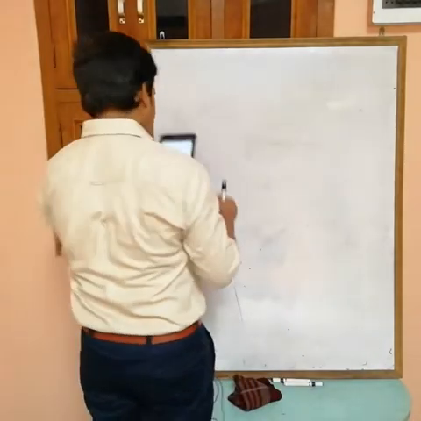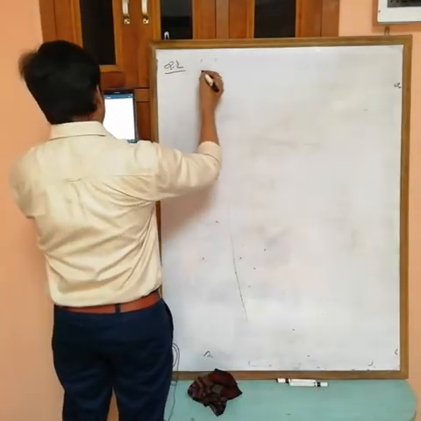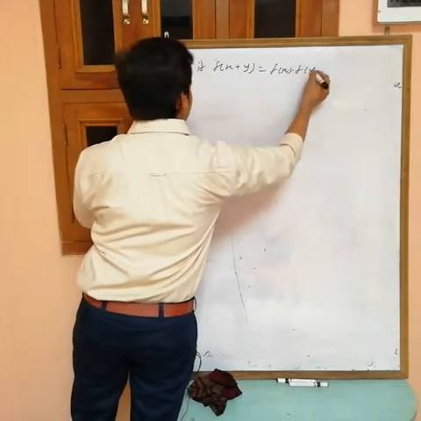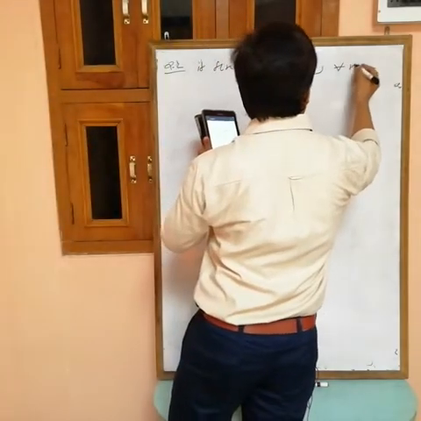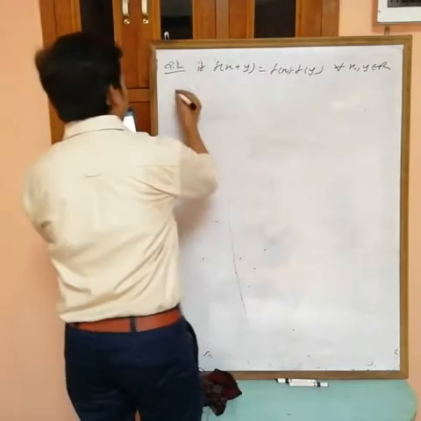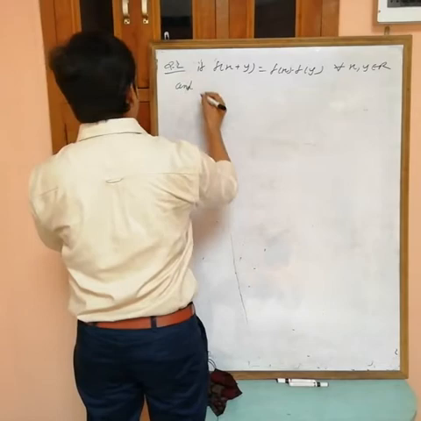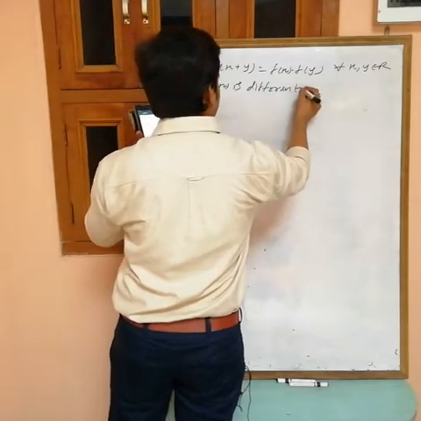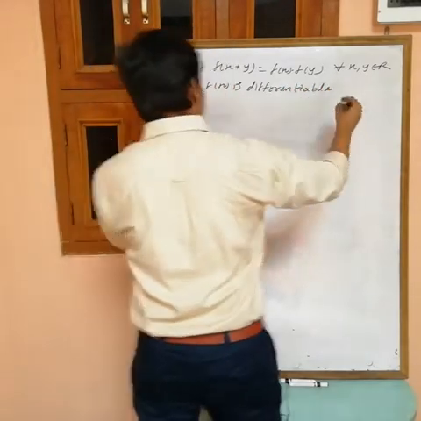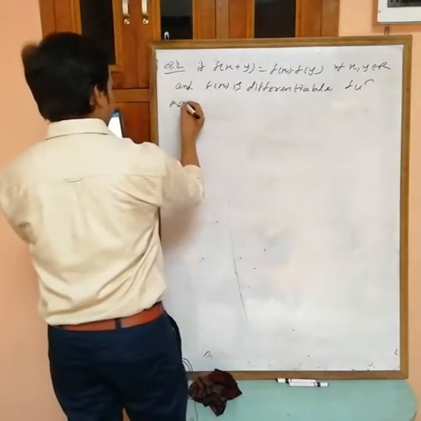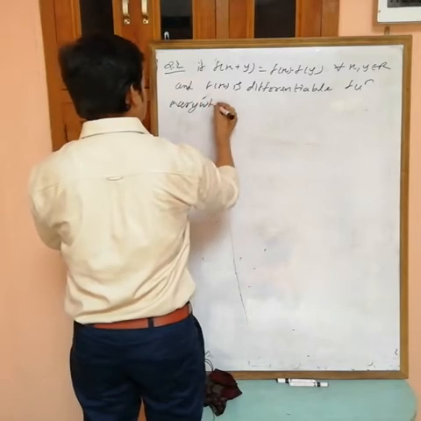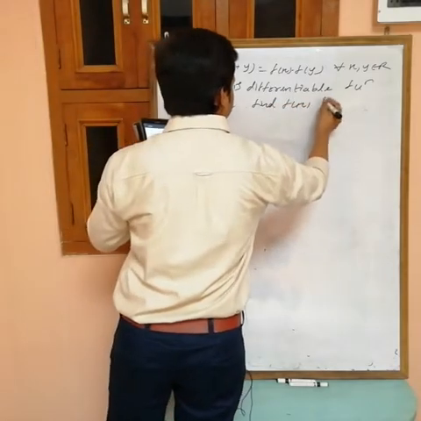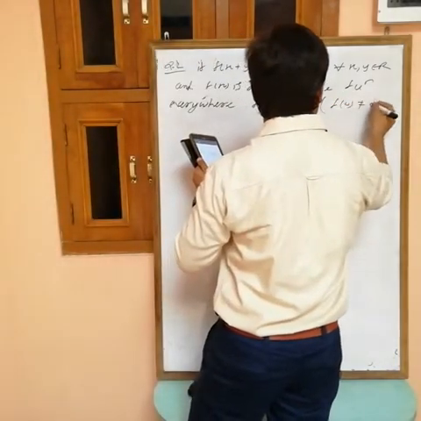Okay, next question. Next is, if f(x + y) is equal to f(x) into f(y) for all x, y belonging to R, and f(x) is a differentiable function everywhere, then find f(x), and it is given that f(0) is not equal to 0.